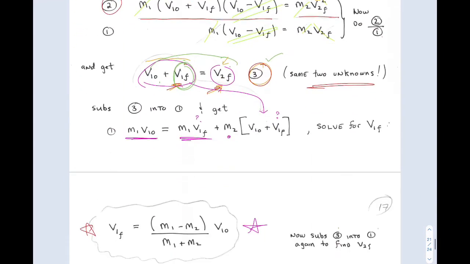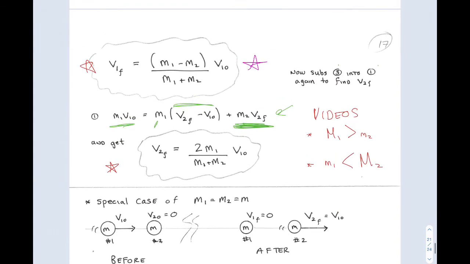Maybe next semester, when you're doing these type of problems, maybe an electron or a proton hitting a nucleus, you're not going to remember that expression or that expression. But you'll remember P initial equals P final, and K initial equals K final, and then you'll wind up getting those same things again.